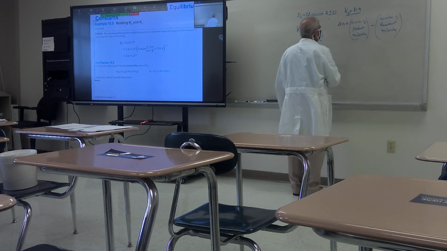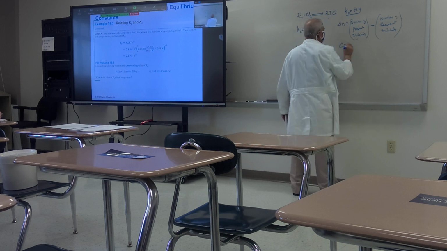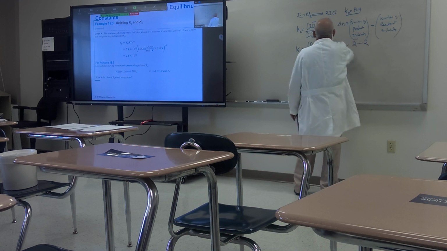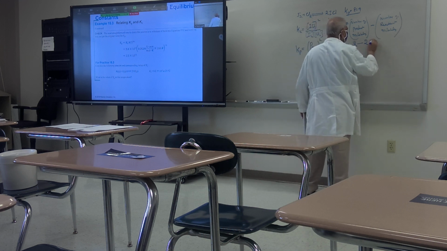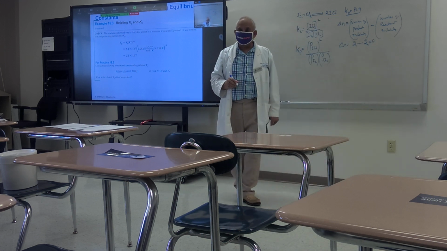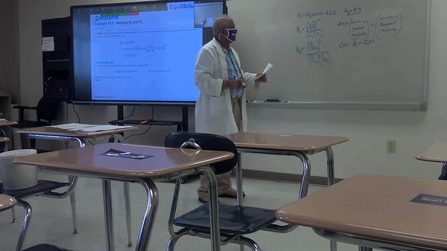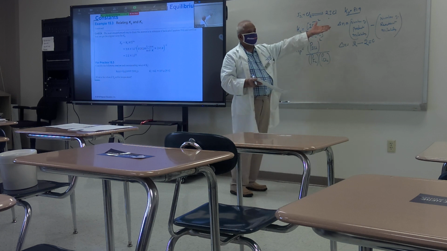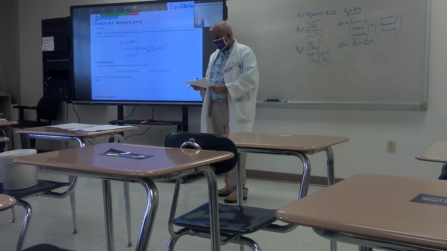So in this reaction, how many product molecules do you have? 2. How many reactant molecules do you have? 1 plus 1, 2. Delta N is 0. You got my point? Likewise, you need to pick 25 equations and write these things. Okay? I will grade it for 100 points.